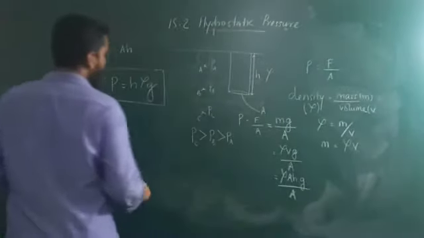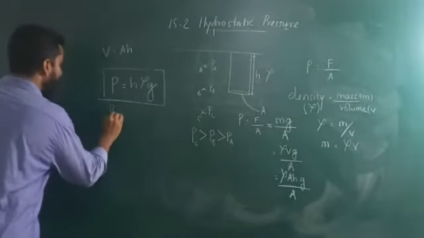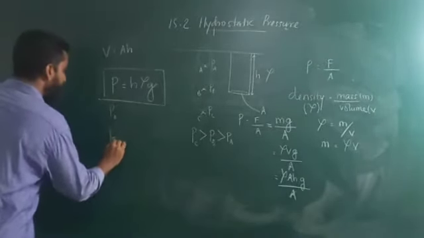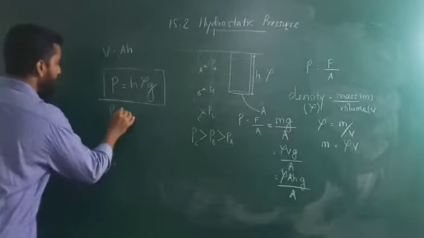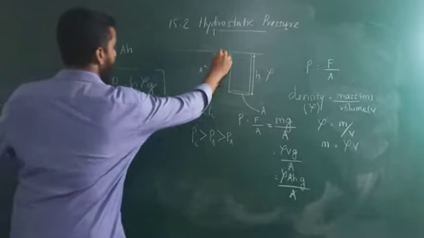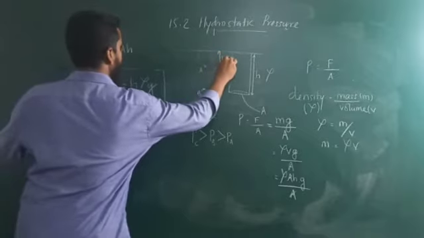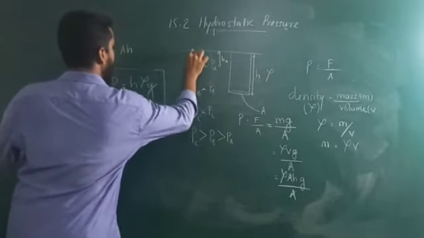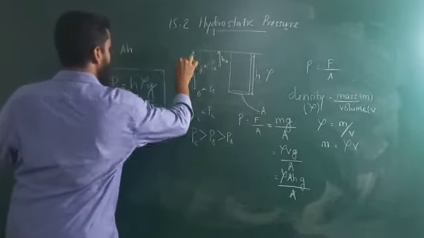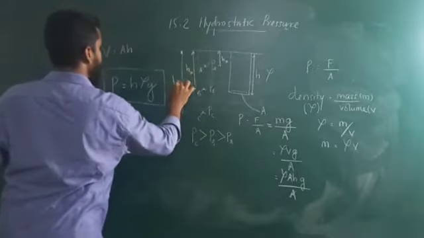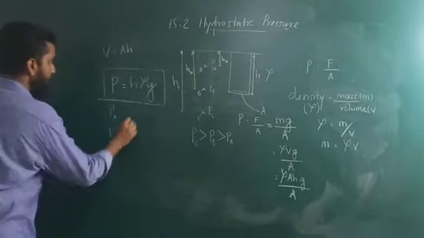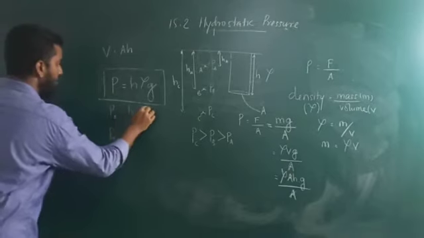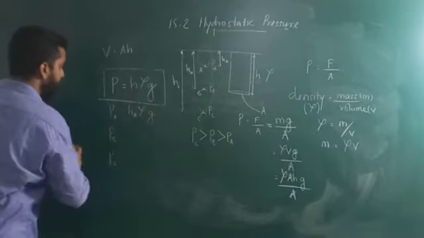I am going to find PA and PB and PC. PA is equal to, right, if the height here is HA, the height here is HB, and the height here is HC, the height HA into rho into gravitational acceleration.